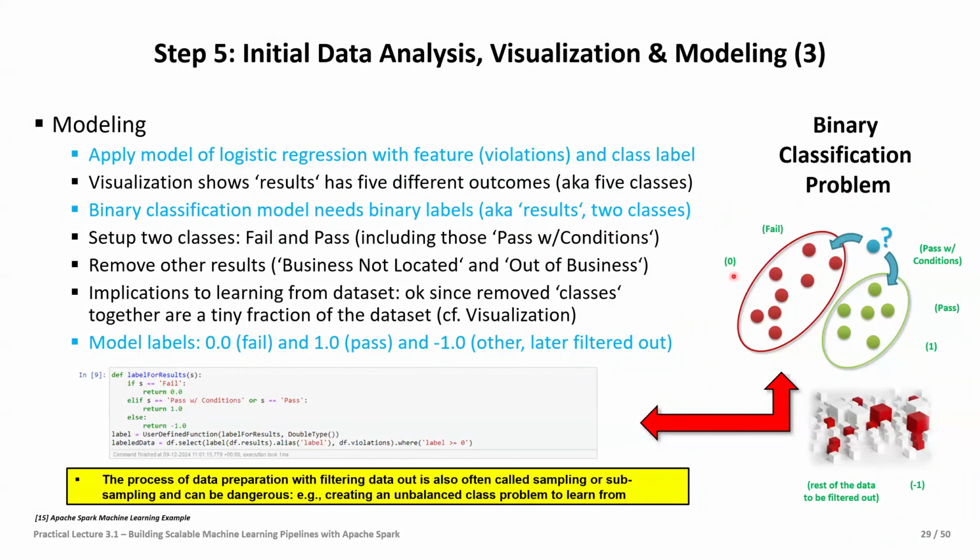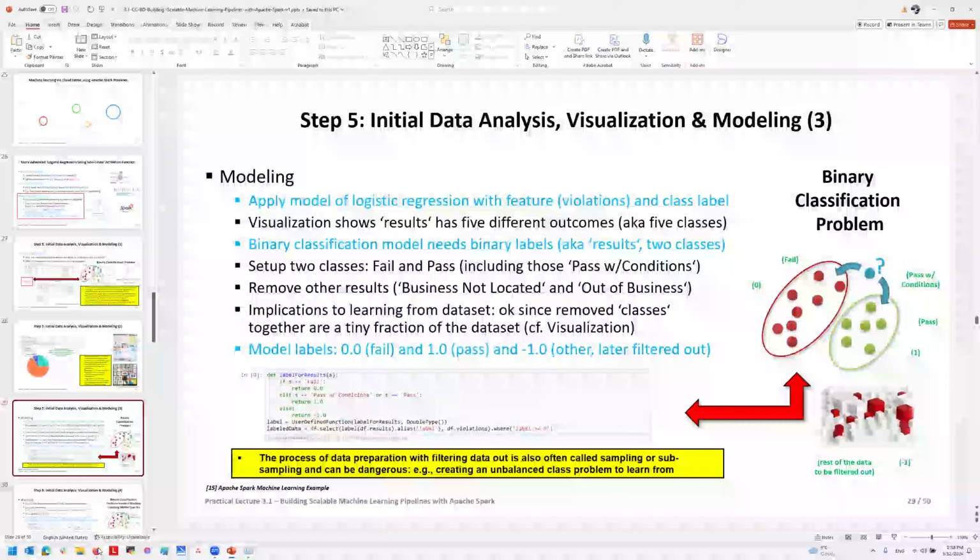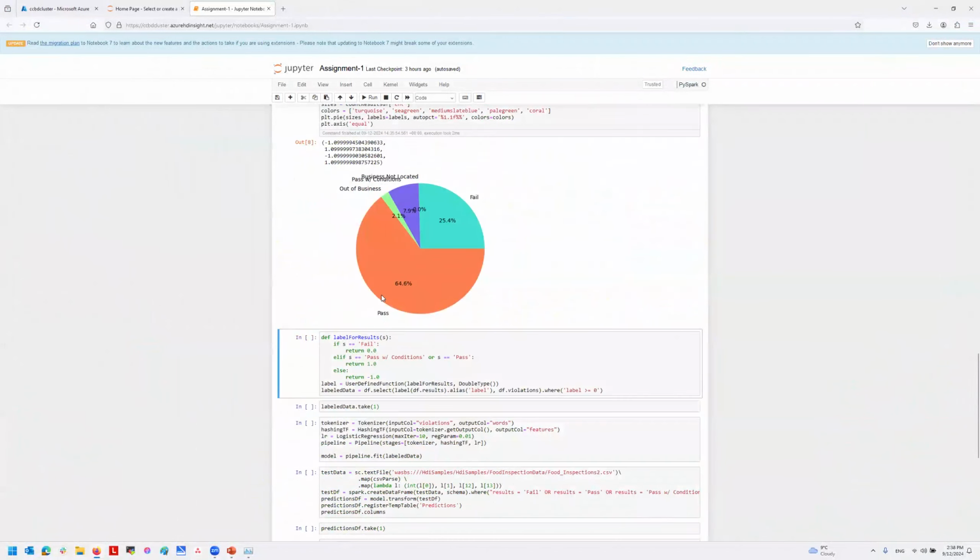We say now one class is 0, and that is fail. That's pretty obvious in the data. But there's another class, pass with conditions and pass, that can be summarized together. You see how that works when we come back to our assignment.